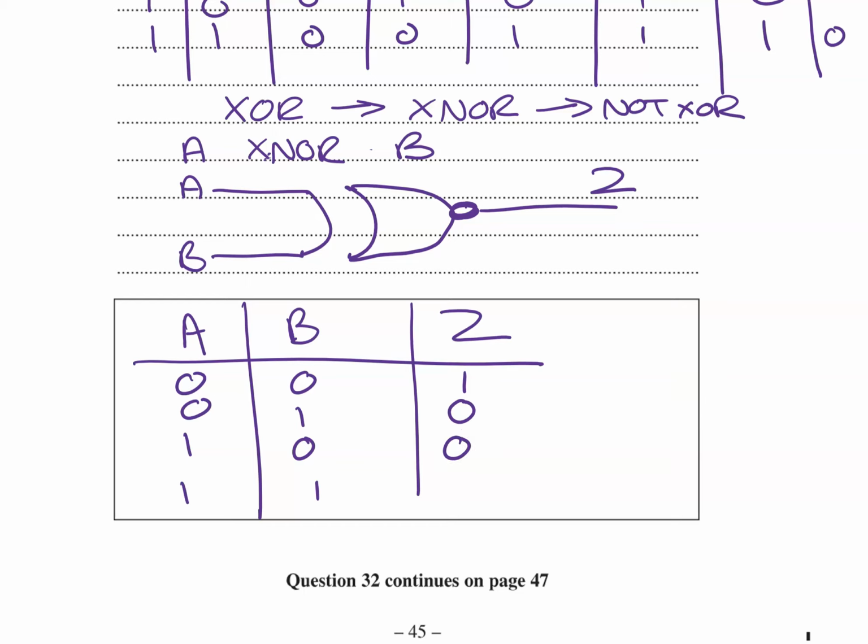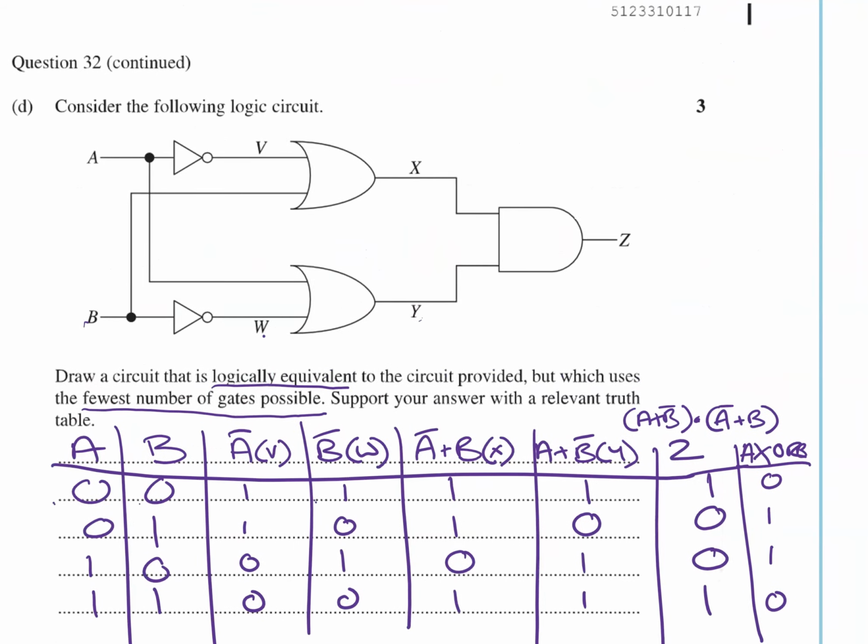And 1 XOR 1 gives us 0, and not that is a 1. So there's our output. That'll give you all the marks. Okay.